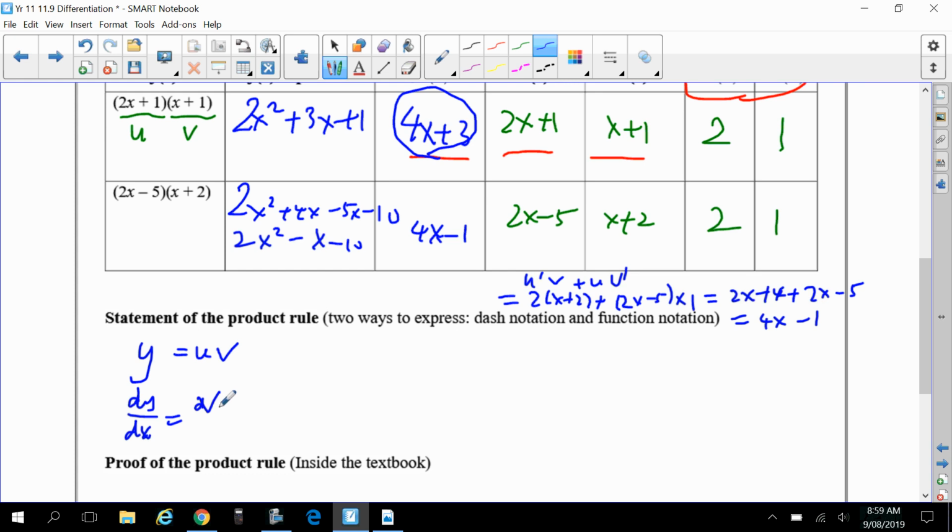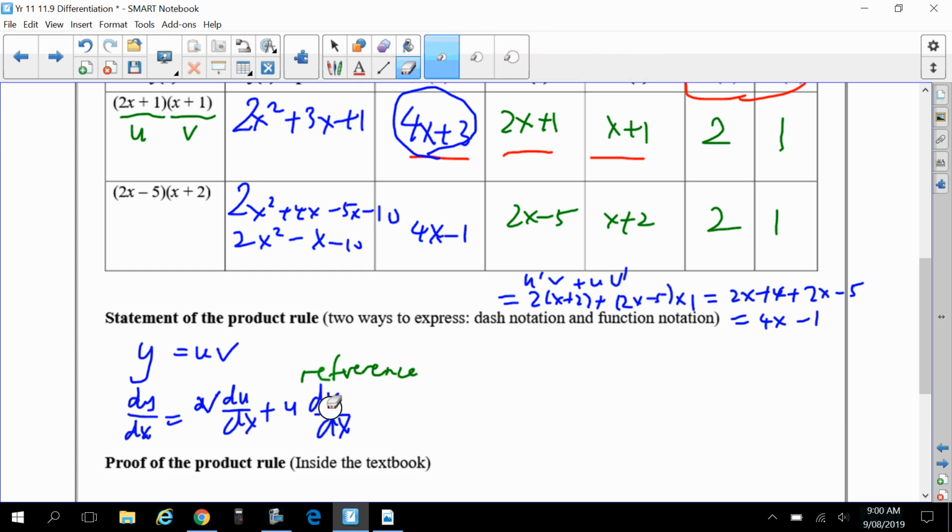I don't like how it's written in this thing. Okay, I'm going to write v times du dx plus u times dv dx. Now, this is from the reference sheet. Let me fix that.